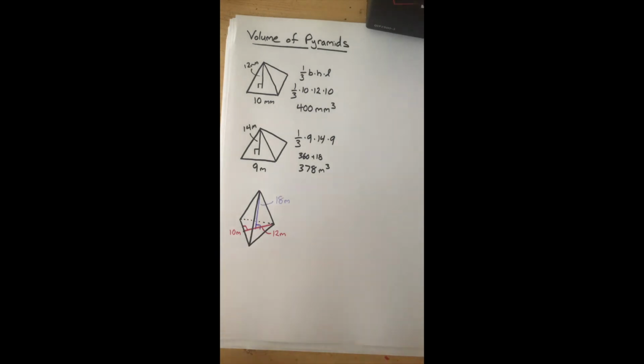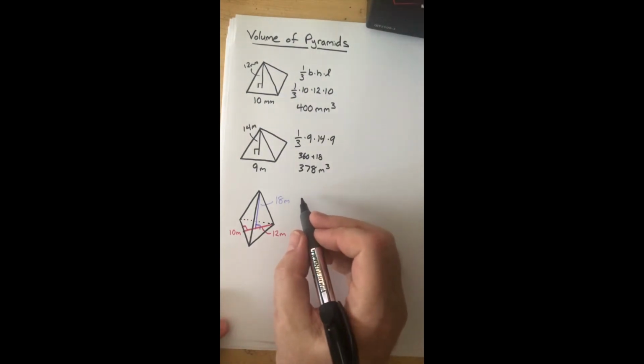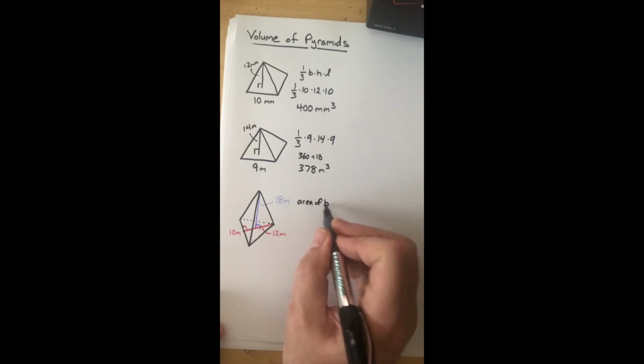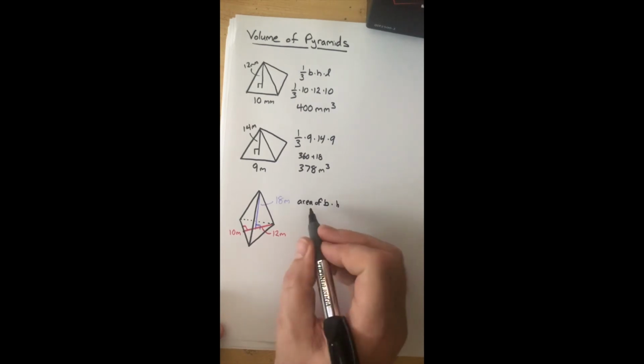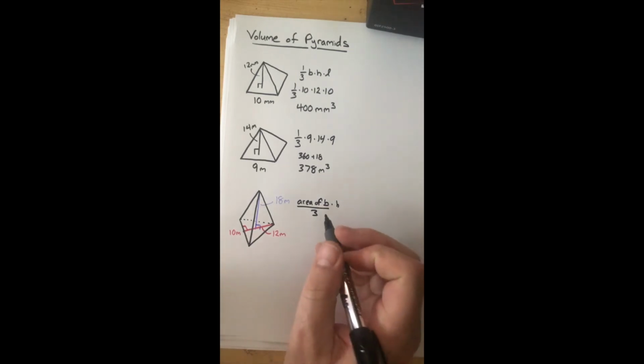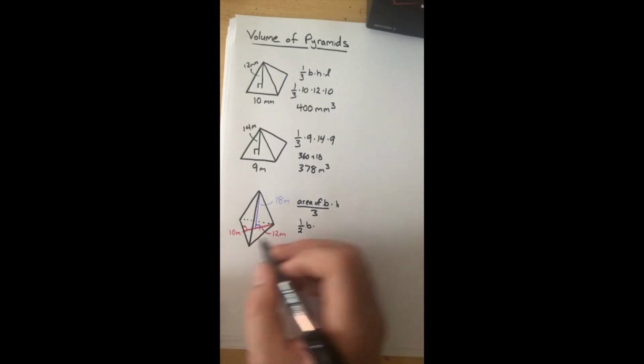So it's the exact same formula. It's the area of the base times the height divided by 3. But the thing is, the area of the base is 1/2 the base times the base height, right?